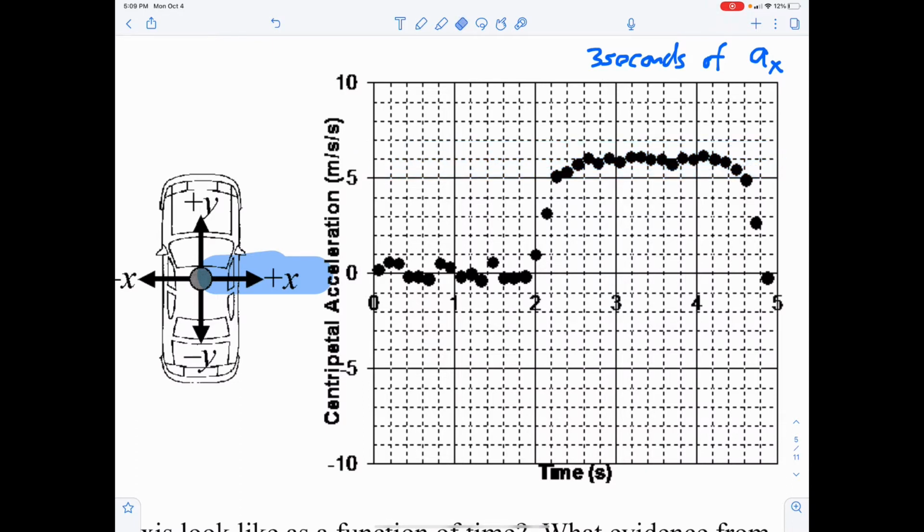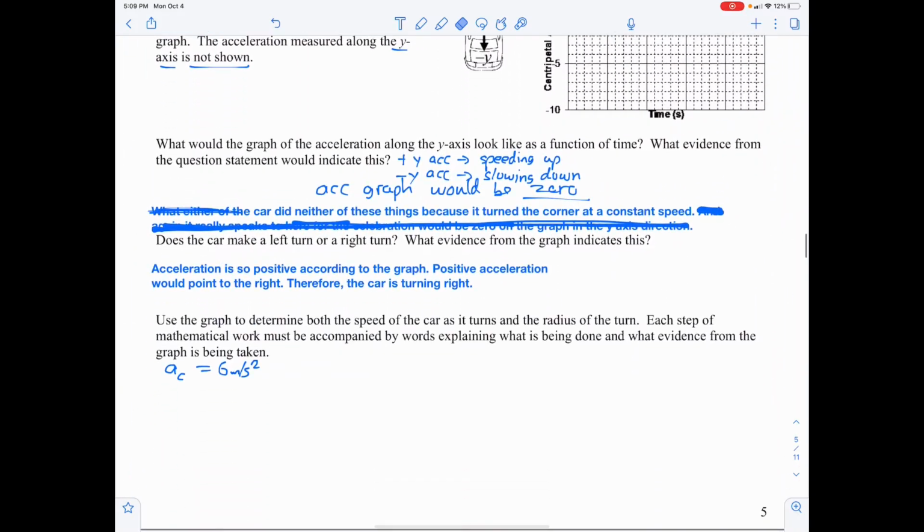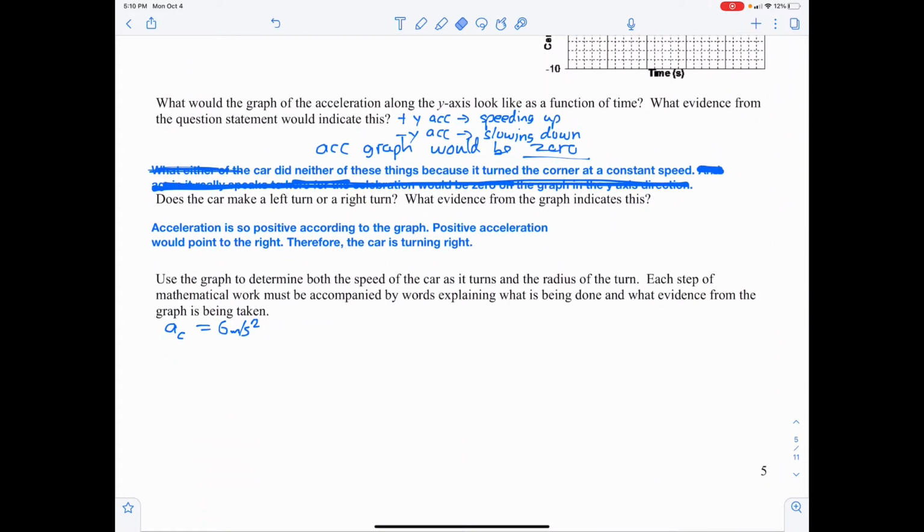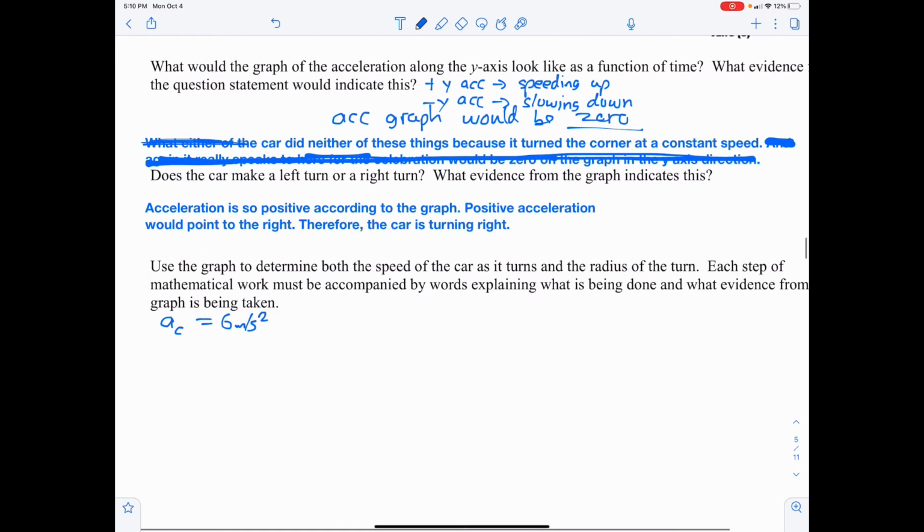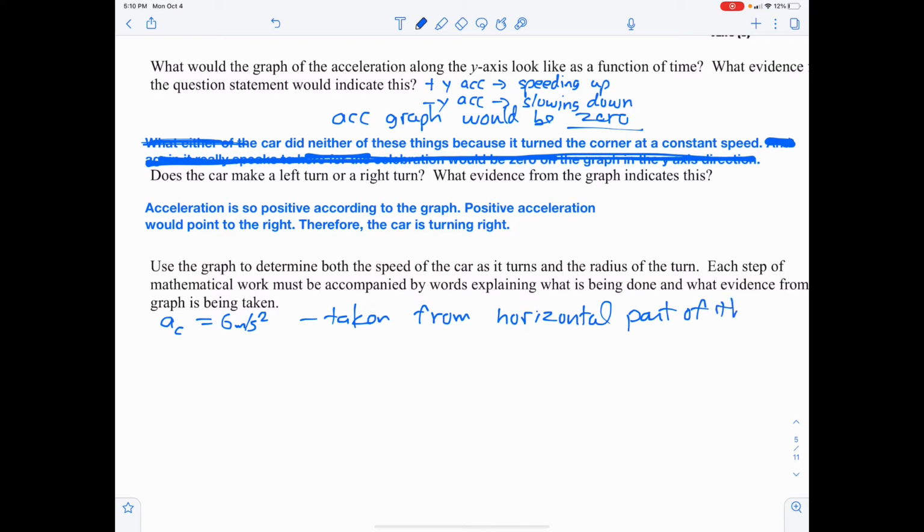So we can say the average acceleration for this turn is 6 meters per second squared. Okay, and this is taken from the horizontal part of the graph.